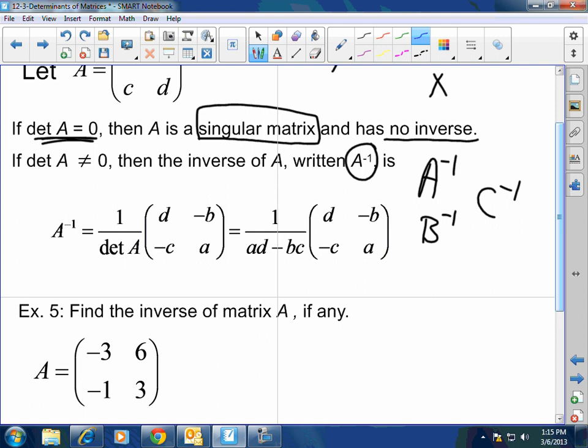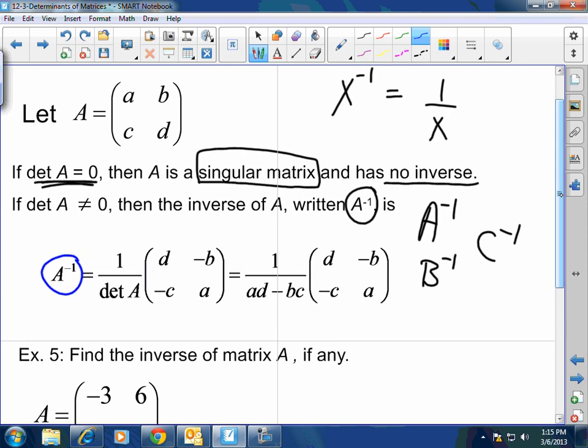Okay, so let me explain what I got here. The inverse of any 2 by 2, we're only doing 2 by 2s, we're not going to do inverses of 3 by 3s, is 1 over the determinant of matrix A, not the absolute value, but just the determinant, whatever value it is, times the inverted matrix.